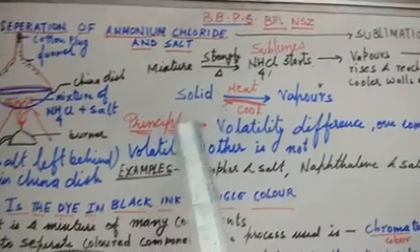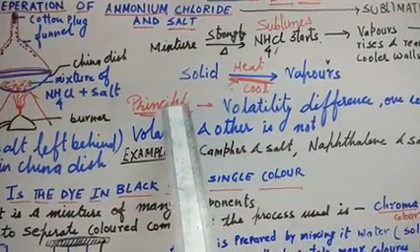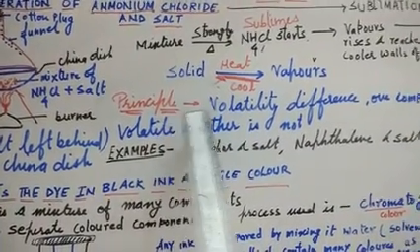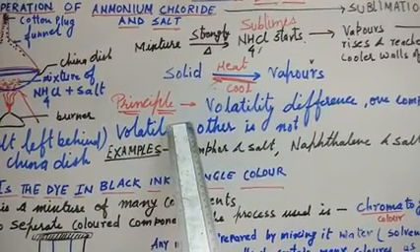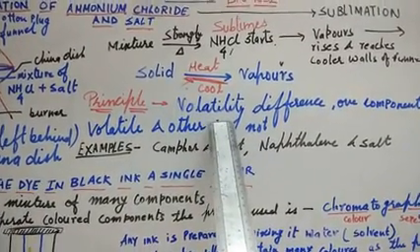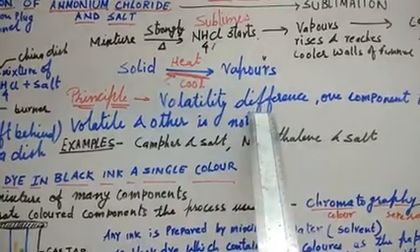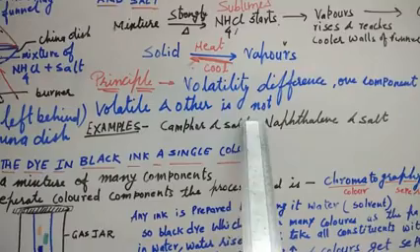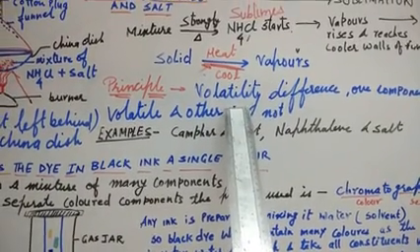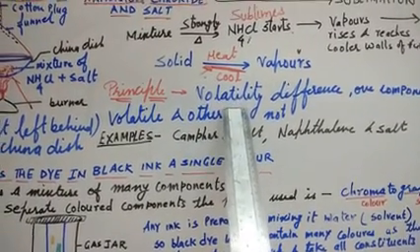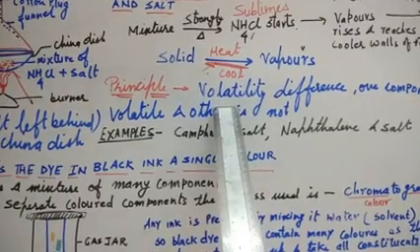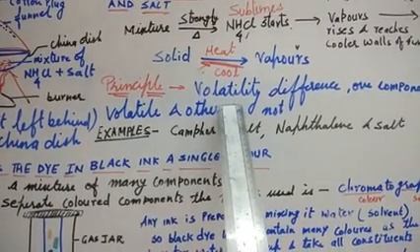sublimation. So what is the principle of this separation? This separation is based on volatility difference. One component is volatile, the other is not. I think you know the meaning of volatile. Volatile means anything which can convert into gaseous form.